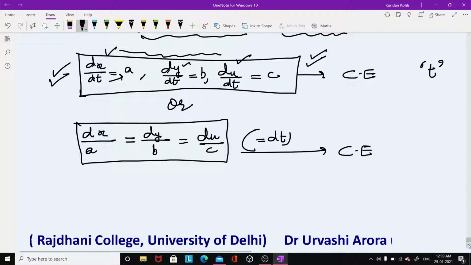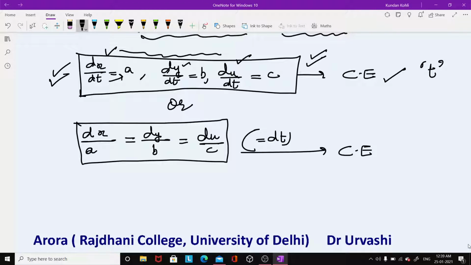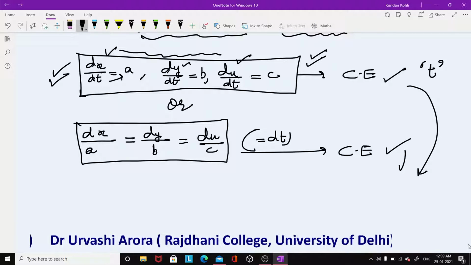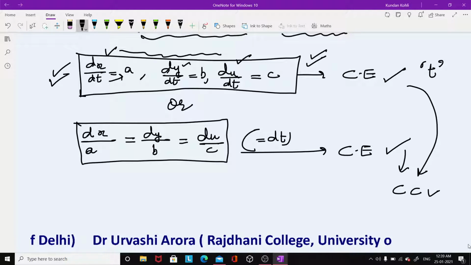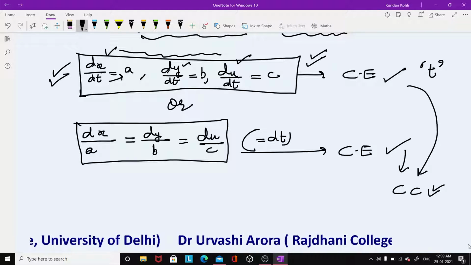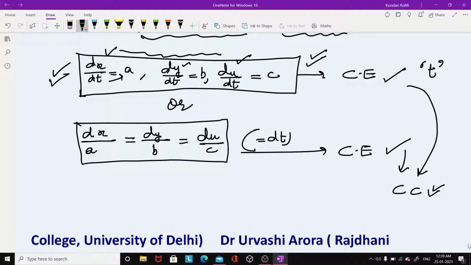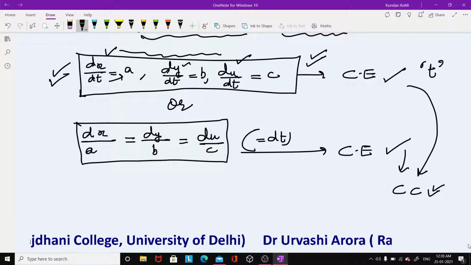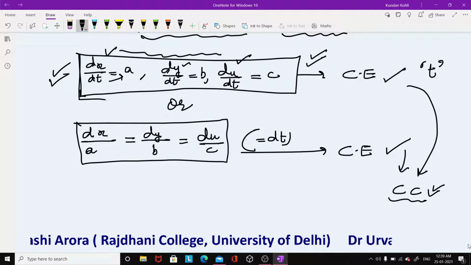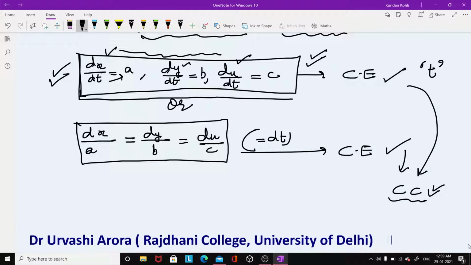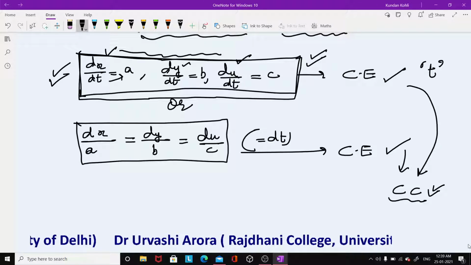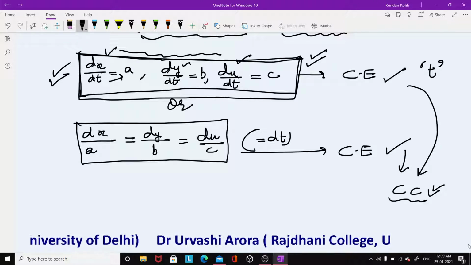And when you solve these characteristic equations, whether in parametric form or in non-parametric form, what you get in the end are characteristic curves. So characteristic curves are obtained by solving, or integrating rather, the characteristic equations. Now coming to the characteristic curves, if you take a look at these equations, you will find that out of these three ordinary first order differential equations, only two will be independent.